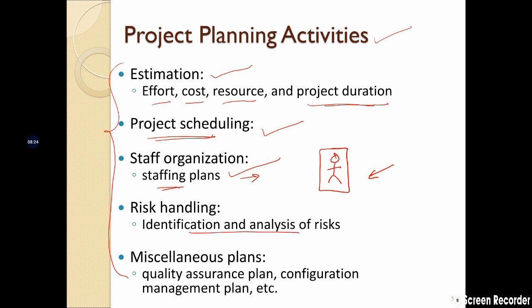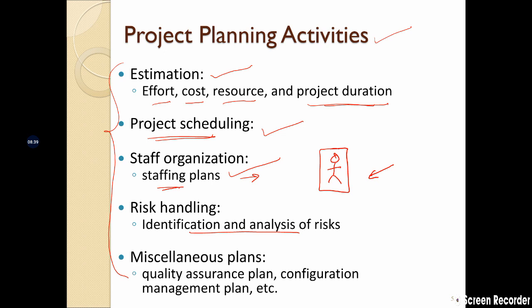Then another important activity which is associated with project planning is risk handling. In this case, the project manager identifies and analyzes all the risks which are basically a part of the project.